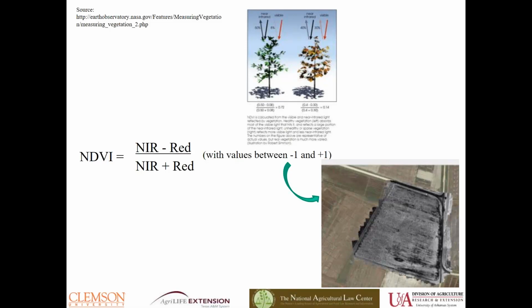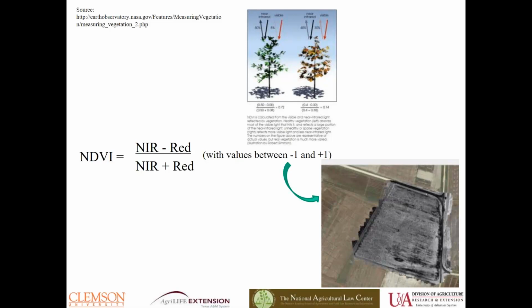Once you have captured an image with a sensor that has acquired at least near-infrared and red bands, we use software to perform thousands, potentially millions, of calculations that yield a processed image. For NDVI, the simple mathematical relationship is near-infrared minus red divided by near-infrared plus red.